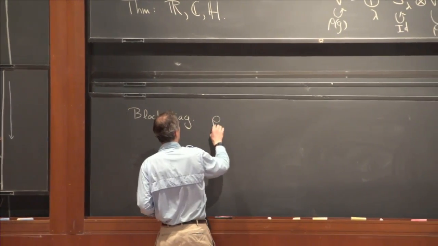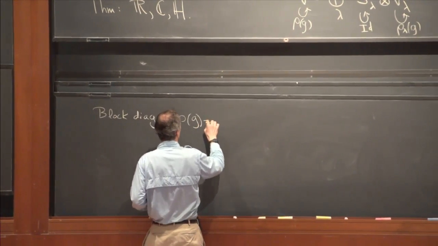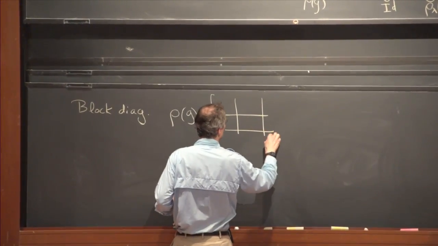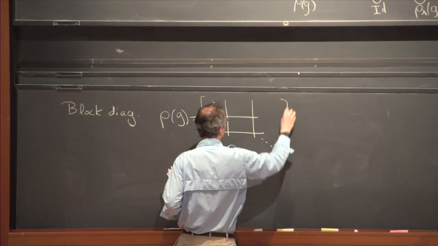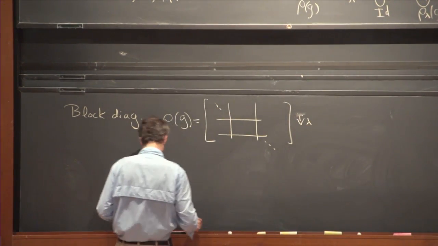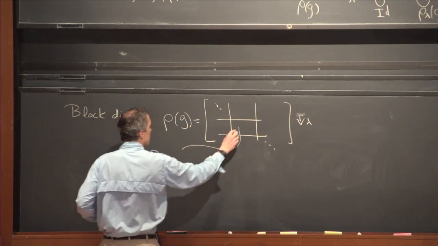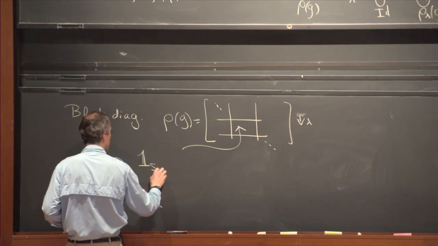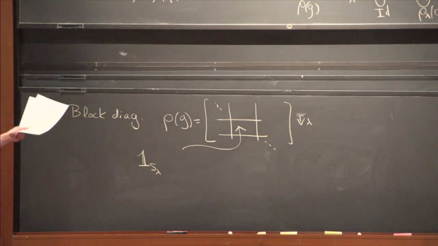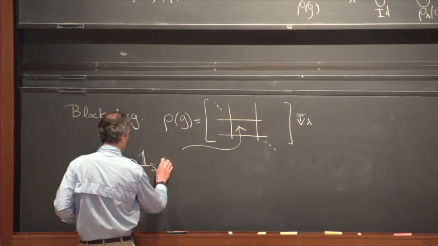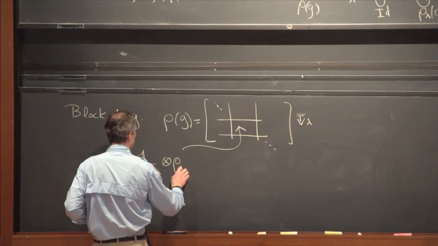So we could choose a basis such that rho of G has blocks corresponding to the different representations. And inside this block here, we have a matrix that's a tensor product. Little s lambda will be the dimension of capital S lambda. It's a real vector space. Tensor rho lambda of G.